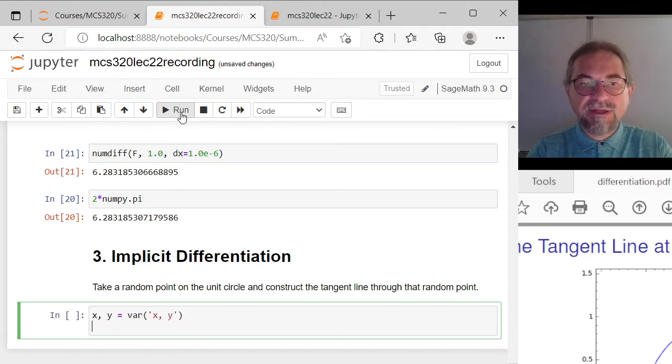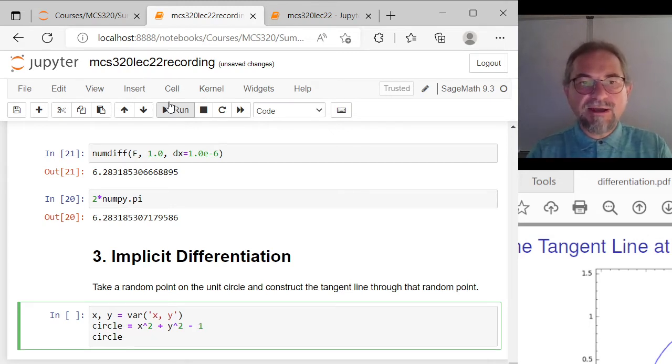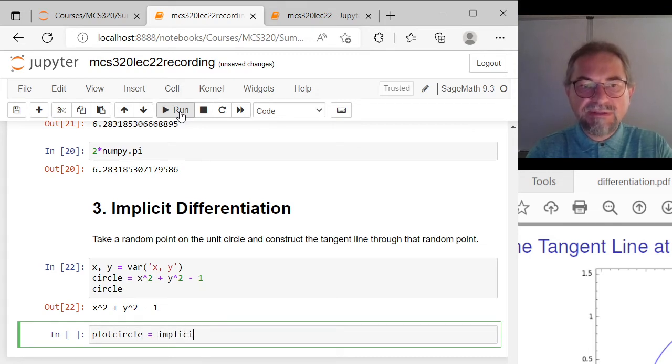So that's the equation. I will call it circle. So x squared plus y squared minus 1 equals 0. So that's the algebraic definition of the circle. And I can plot this via the implicit plot. So I have two variables.